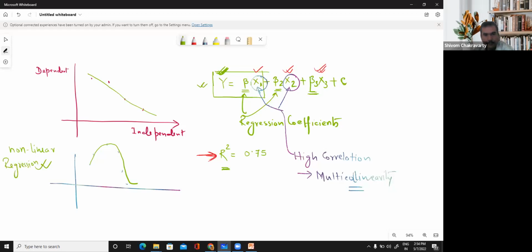Then the regression equation will have different kinds of terms. Here, all the independent variables have power 1. But if it is a curvilinear graph, then it will not be just degree 1.